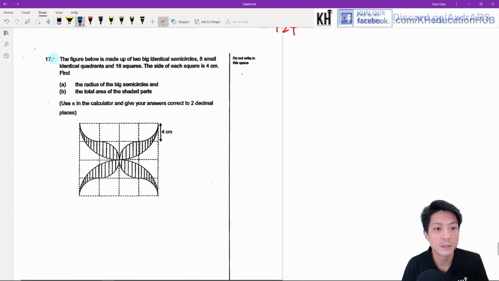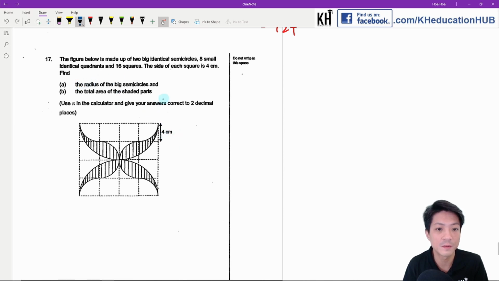Question 17. The figure below is made up of 2 big identical semicircles, so this one and this one, 8 small identical quadrants and 16 squares. So the quadrants are here. The side of each square is 4 cm as shown over here.